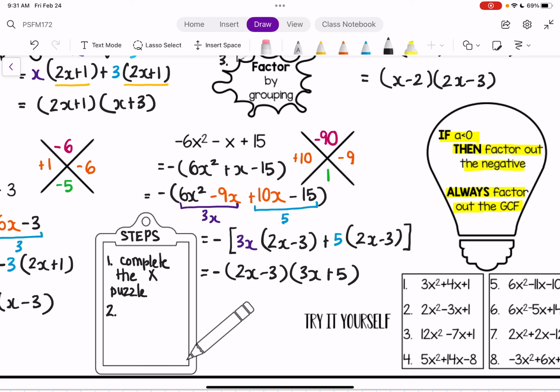And then the second step is what we call split the middle. And your third step is then factor by grouping.